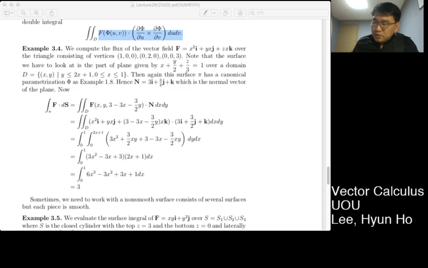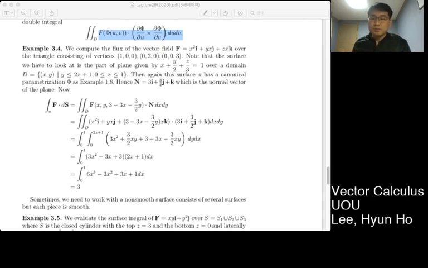This is the equation we need for the canonical parameterization. g is the height of the point, determined by x and y. So we have two parameters, x and y.